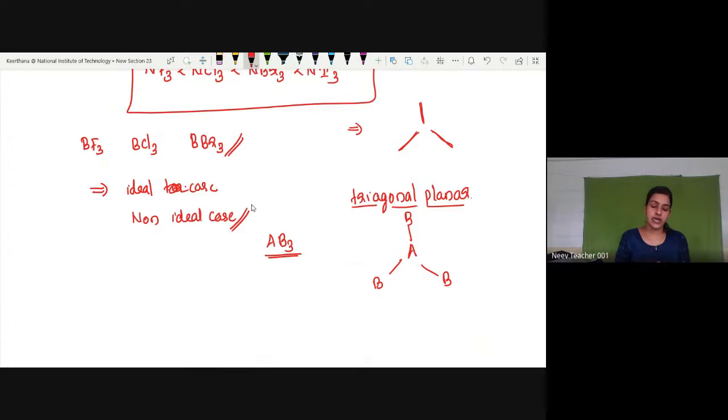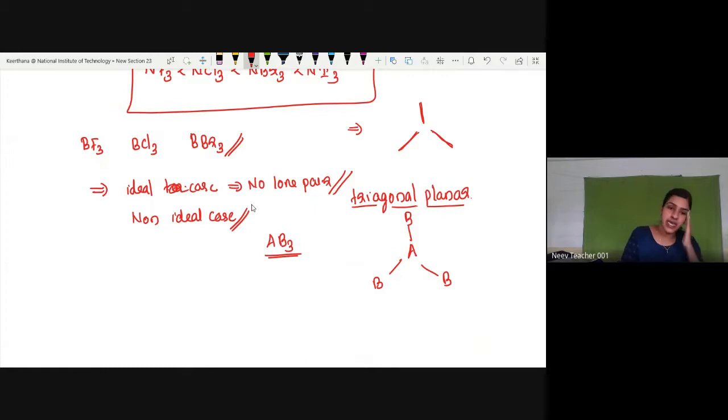In those cases, trigonal planar, tetrahedral, trigonal bipyramidal, octahedral and pentagonal bipyramidal, where there is no lone pair, there is only bond pair present. We call them the ideal case, where the repulsion is the same in every case. Every bond has the same repulsion.